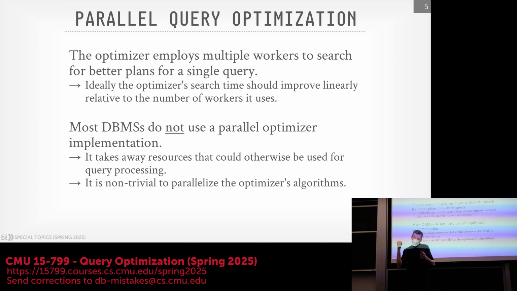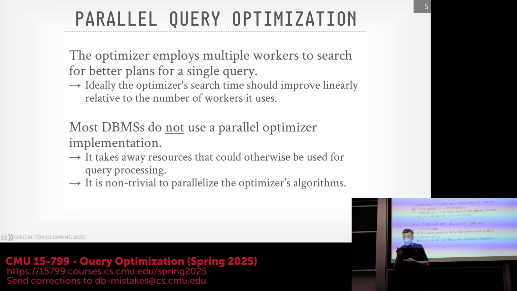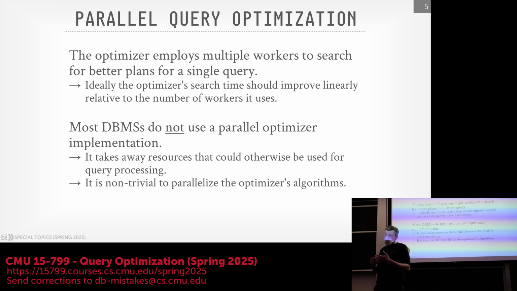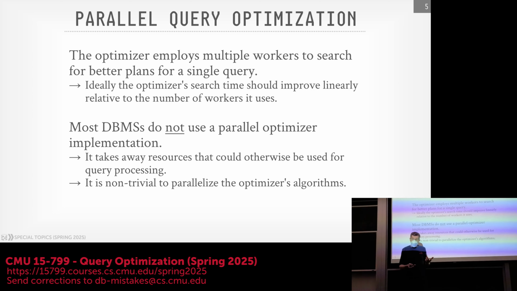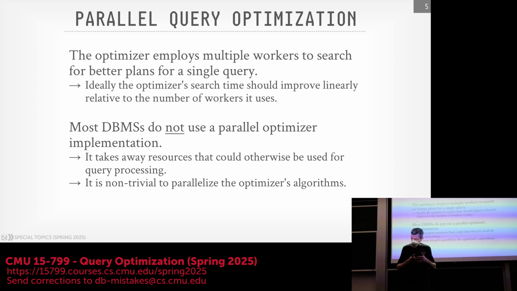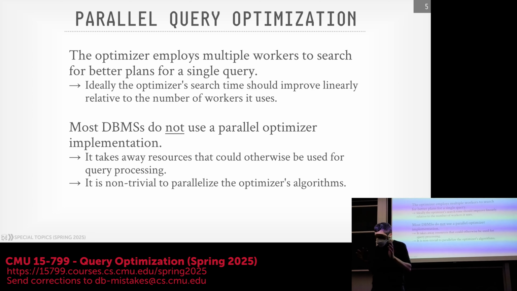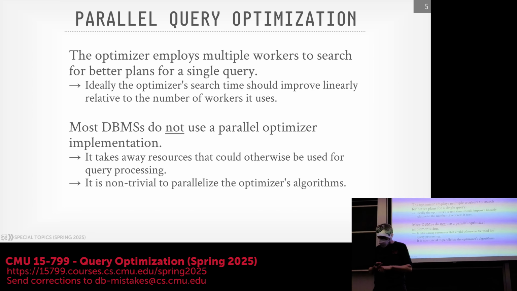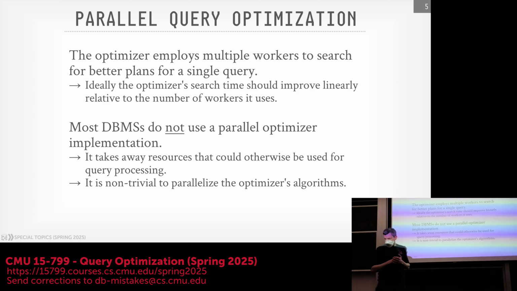That means when a query shows up, it goes through this connection handler, then goes to the parser, then the binder, and then the optimizer, and all that's running on the same machine where you're actually running queries, right? This is what MySQL does, what Postgres does, SQLite, Oracle, SQL Server. This is how people built these systems since the 70s.